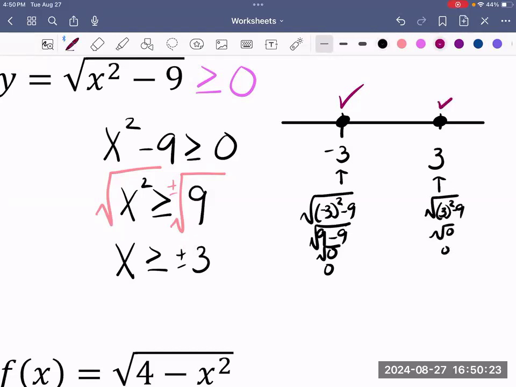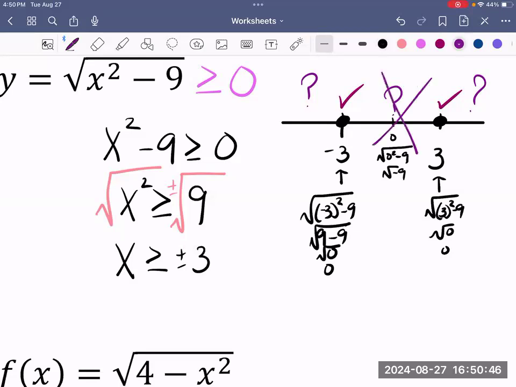So this is okay. So now what we need to do is we need to test on either side of these numbers. So on either side of these numbers, we can just pick a value. So in the middle, let's pick an easy one, 0. The square root of 0 squared minus 9 will produce a negative 9, which again is not real.